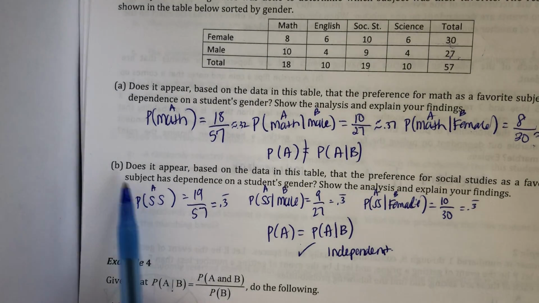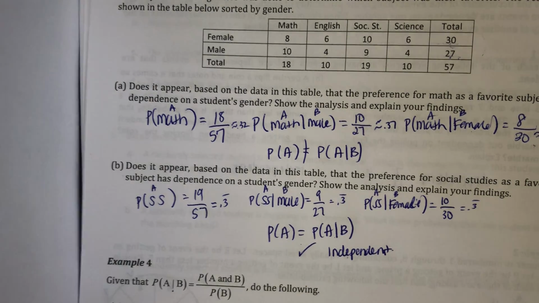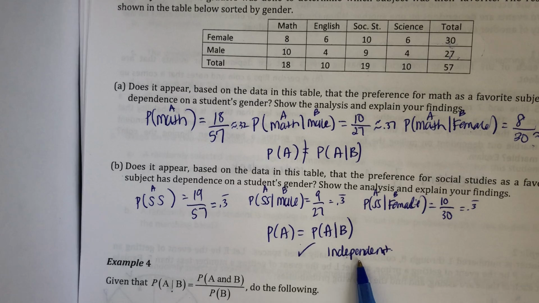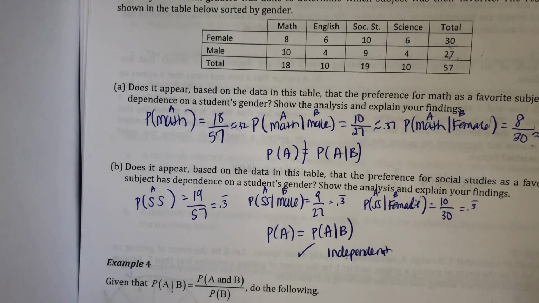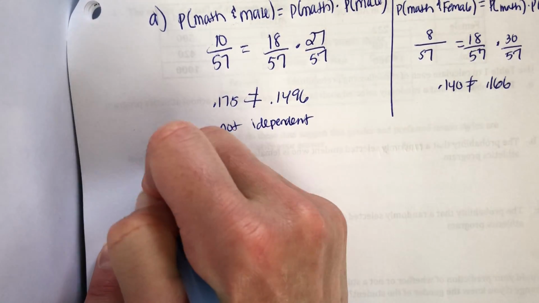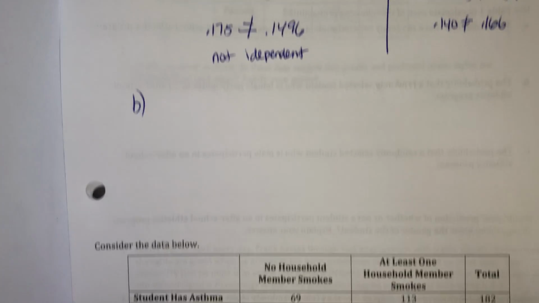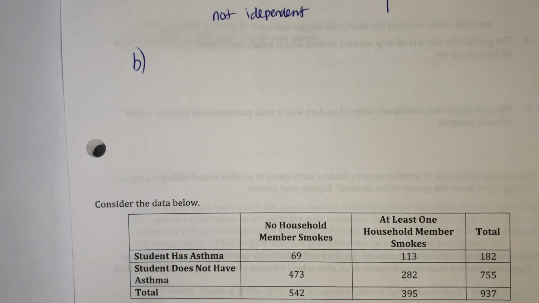So now if we did it for part B, using our new formula, we should see that they should be independent. We already proved them to be independent using the other formula. Now we're going to do it using this formula. So for part B, take a moment and stop the video and see if you can do this for part B using your new formula, the product test.